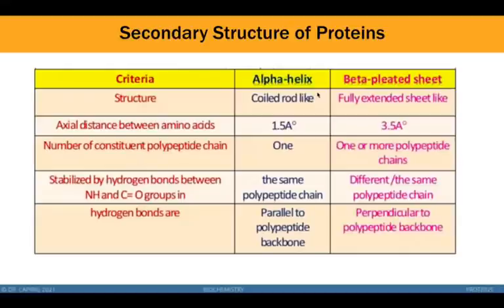For beta pleated sheets, it's 1 or more, so it can be 2 or more polypeptide chains. The hydrogen bonding between the nitrogen and the carbonyl groups in alpha helices occurs on the same polypeptide chain, while in the beta pleated sheet, it can be on a different polypeptide chain or within the same polypeptide chain. And the hydrogen bonding in alpha helices is parallel to the axis of the polypeptide backbone, while in the beta pleated sheet it is usually perpendicular to the polypeptide backbone.